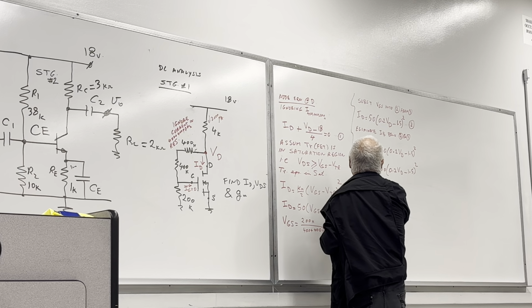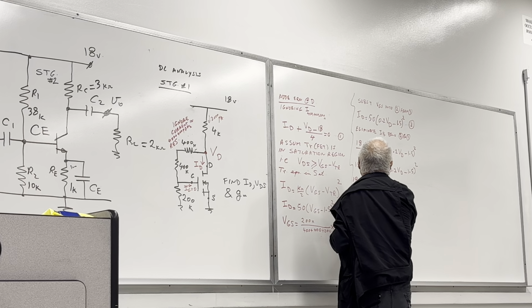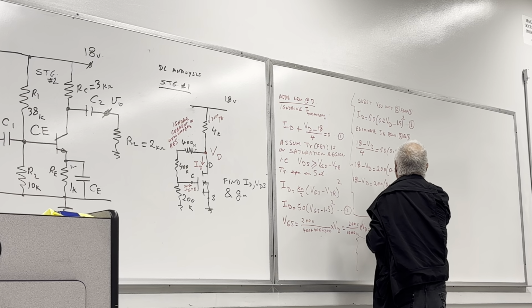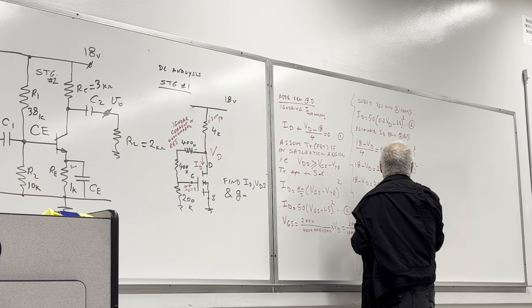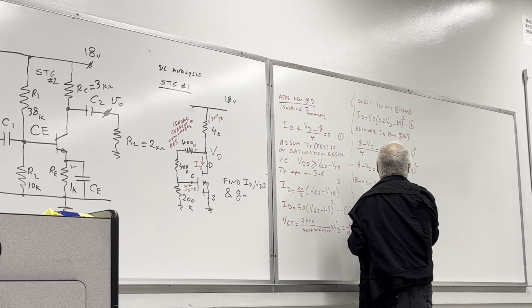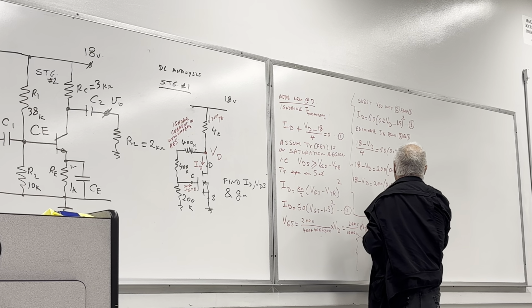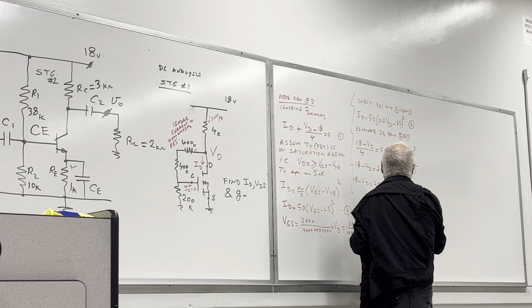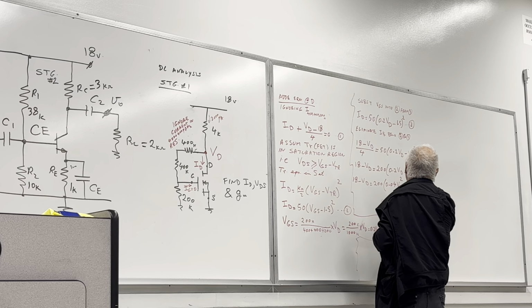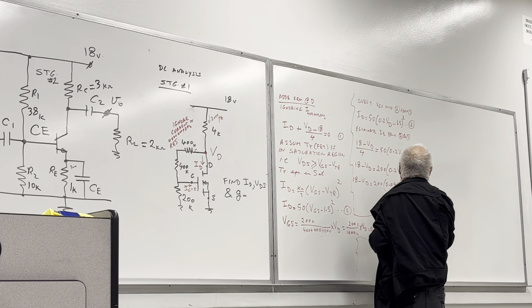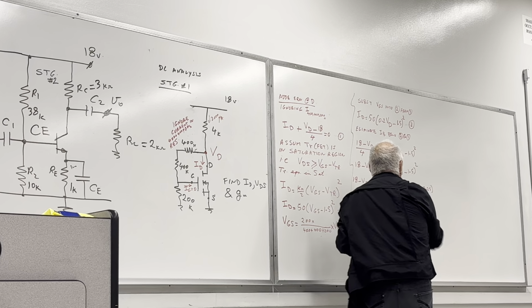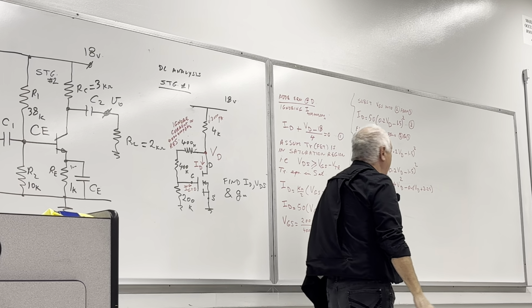Okay, so 18 minus VD is 200 times 0.04 VD squared, minus twice 0.2 times 1.5, that will be 0.6 VD, and plus 2.25, that is 1.5 squared.